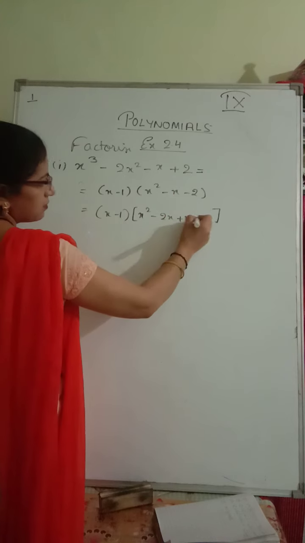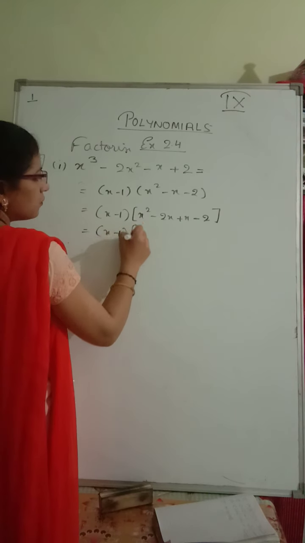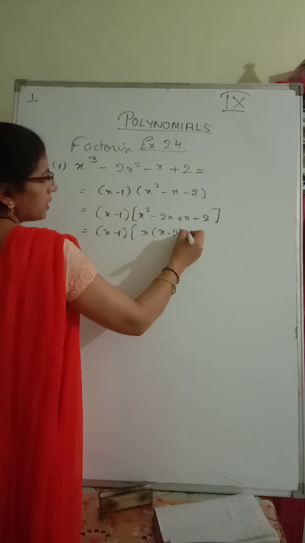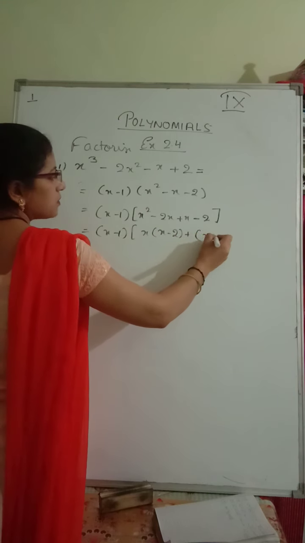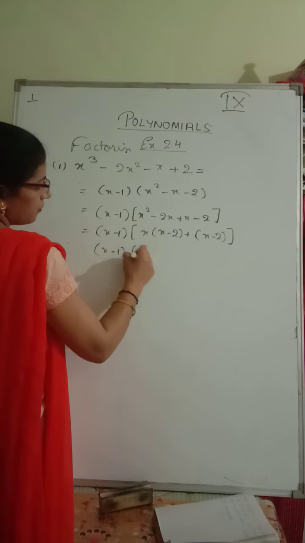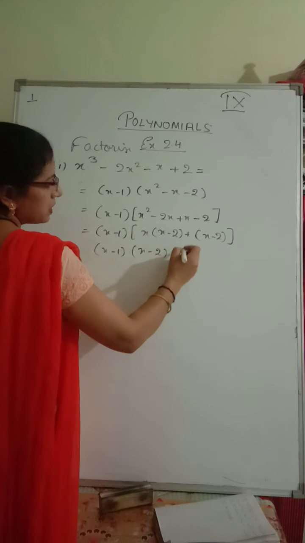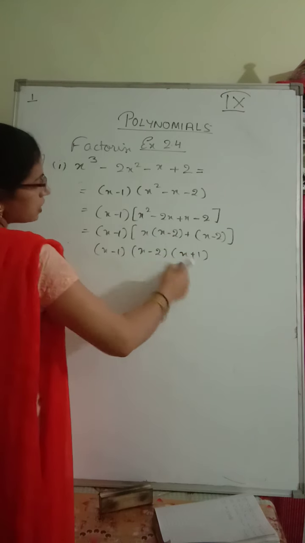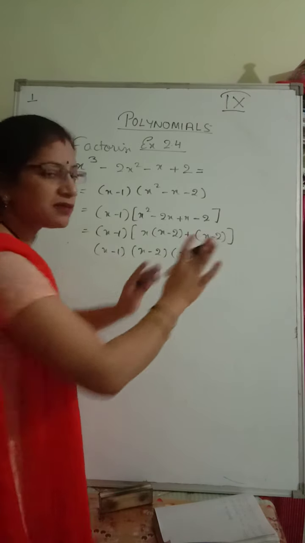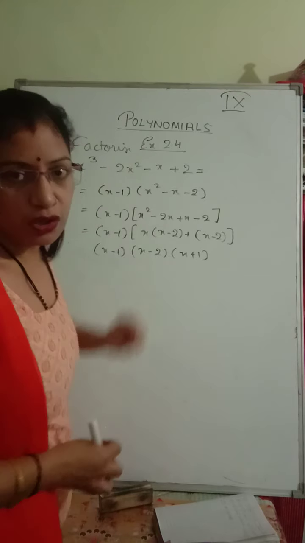From the first two terms x is common, leaving x minus 2, and from the next two terms 1 is common, with x minus 2 remaining inside. So we get x minus 1 times x minus 2 times x plus 1. You can change the order: x minus 1, x plus 1, x minus 2. These are the factors of this polynomial.